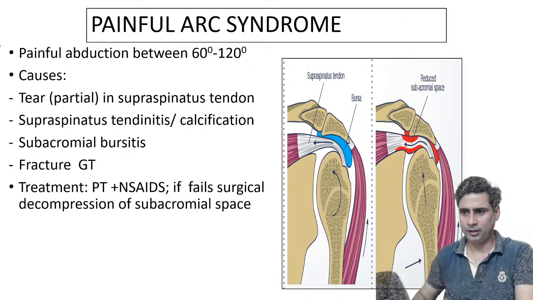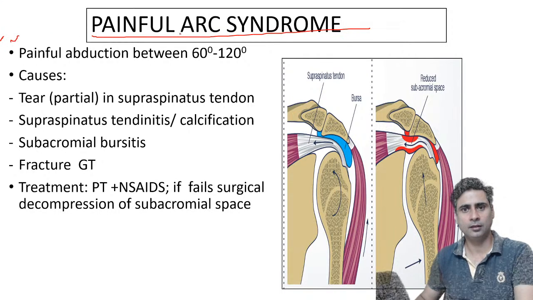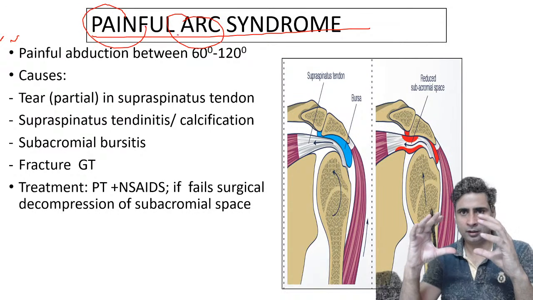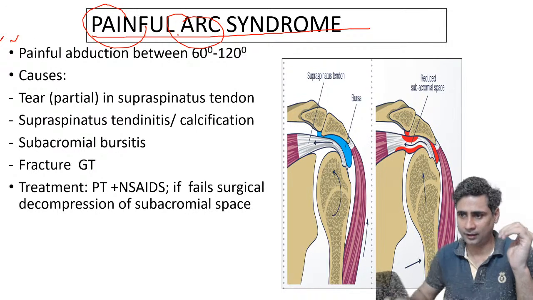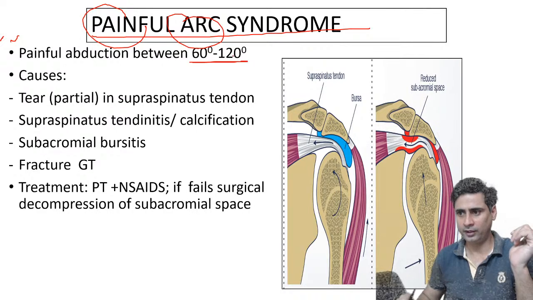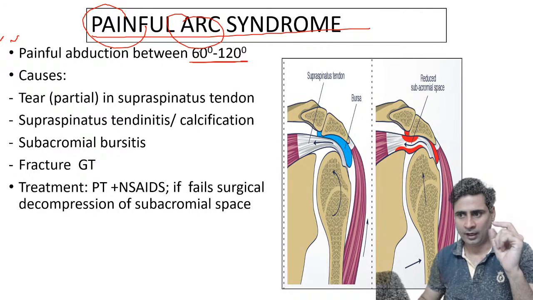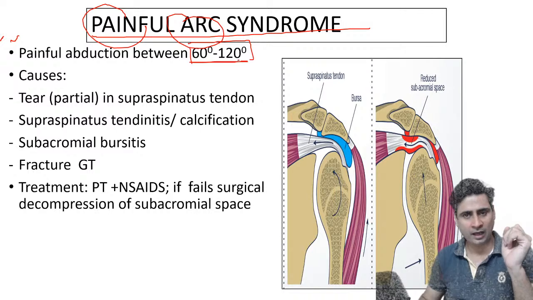Next important topic is painful arc syndrome. As the name is suggesting, painful arc. During abduction, some range of that arc is painful, and that range is 60 to 120 degree. And why is there pain in this particular arc only?